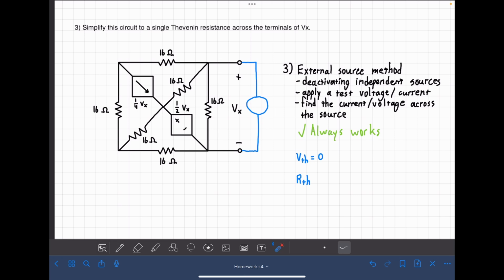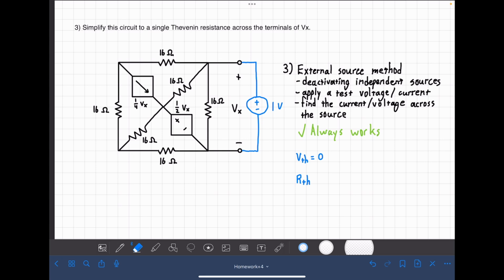But looking at this, it looks like it might be useful to have a constant Vx in this circuit. So I'm going to make this a voltage source. It's always just 1 volt or 1 amp. And now I know that Vx is equal to 1 volt.